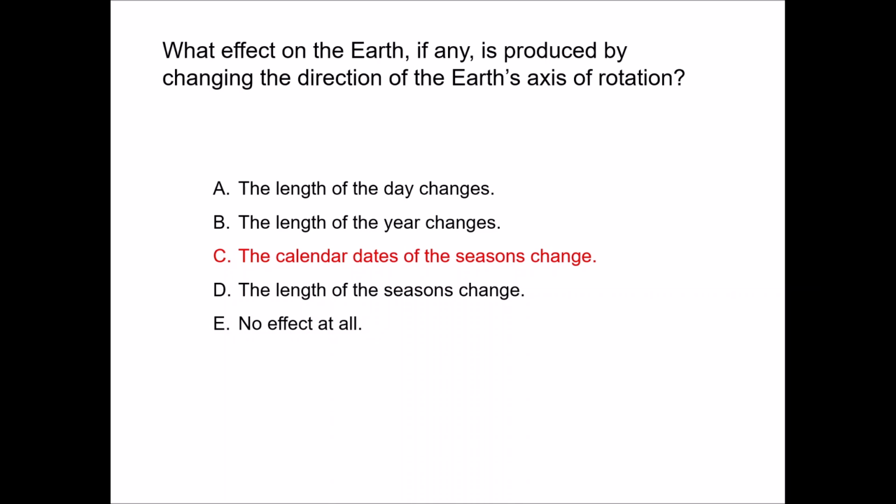The length of the year changes. Okay, think about how you would do that. Now, you might think you just got to speed up the Earth in its orbit or slow it down in its orbit. Well, no, actually. Remember Kepler's third law, right? The amount of time it takes to orbit the sun is directly related to distance.